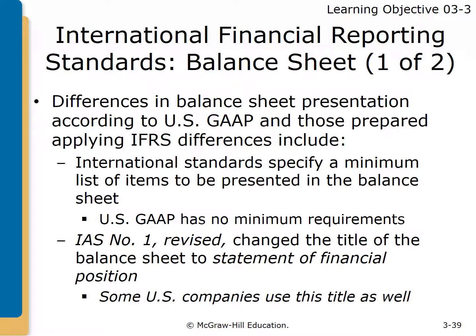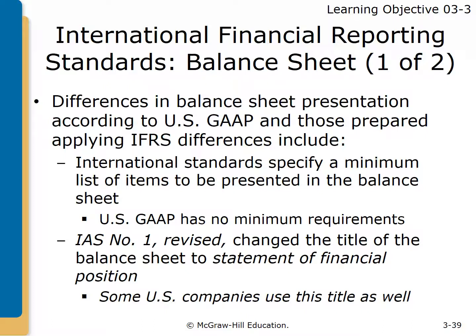So that wraps up our United States balance sheet. The International Financial Reporting Standards balance sheet has some differences, and we just want to bring them to your attention. International standards specify a minimum list of items to be presented in the balance sheet, where United States GAAP doesn't do that. International Accounting Standard 1 changed the title of the balance sheet to the Statement of Financial Position.